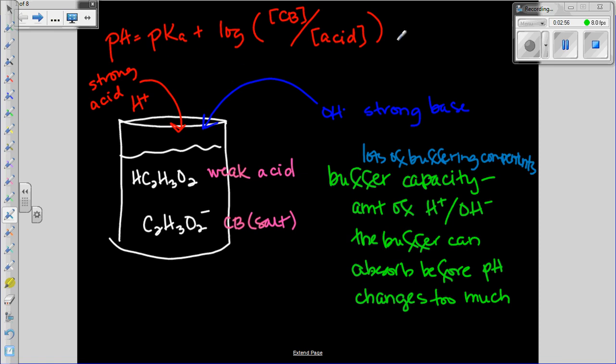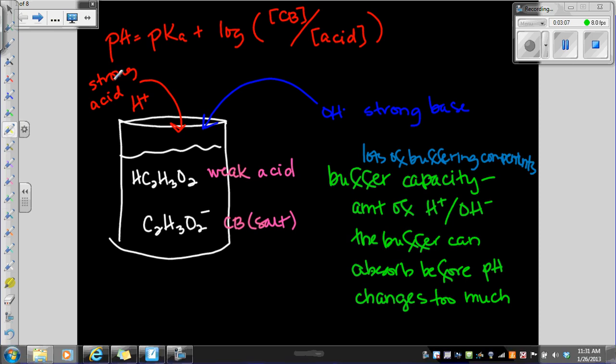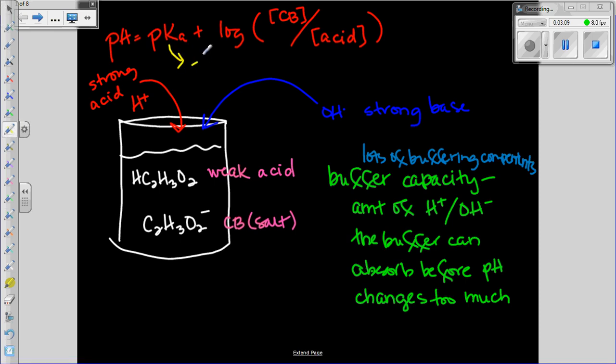If we look at Henderson-Hasselbalch, because I think this is an easy equation to look at because you see everything in there, we're going to see that pH depends on pKa, and we need to remember that pKa is the negative log of Ka, and then the log of the concentration of the conjugate base and the concentration of the acid. So pH of the buffer is going to depend on the Ka of the acid that's chosen.